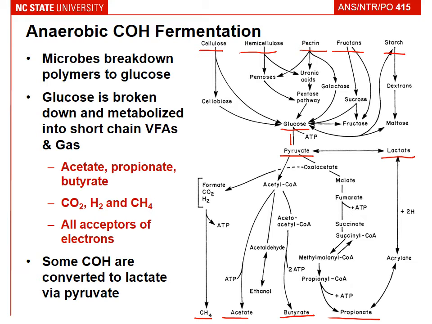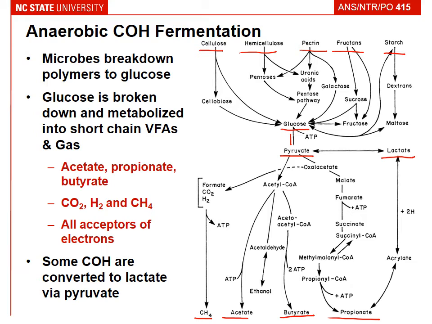depending on the species of microbes found within the GI tract, we are going to get different products. So here we have our acetate at the bottom, our butyrate and our propionate, our volatile fatty acids. We also have our methane gas.